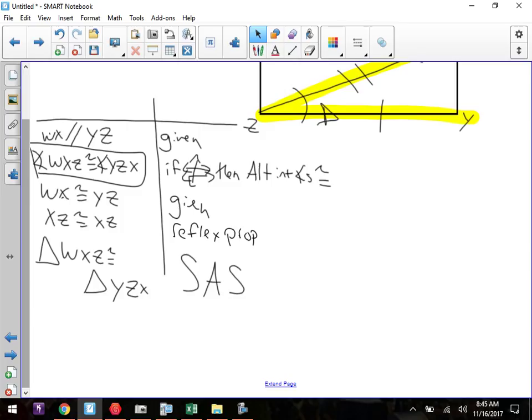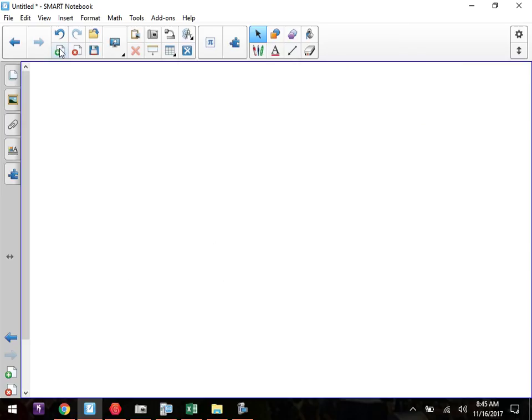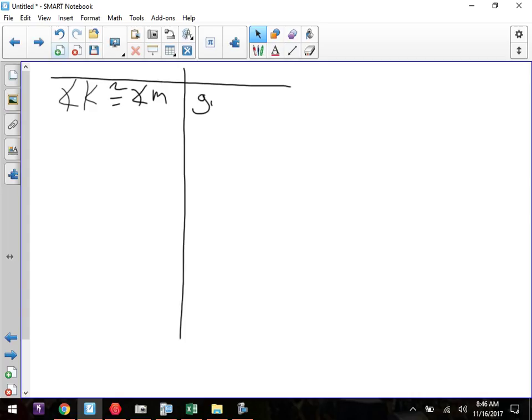Next one, we have a midpoint we haven't seen in a while. So let's do it. Angle K is congruent to angle M. Excuse me. And so I can draw this.